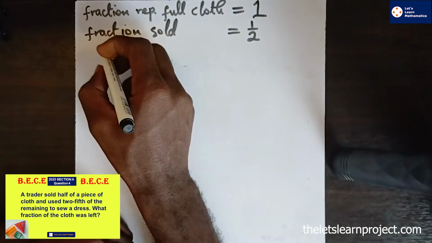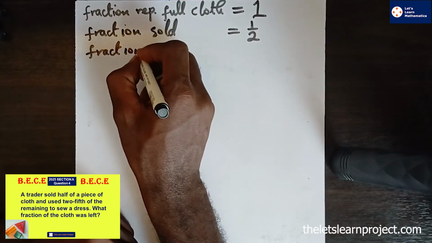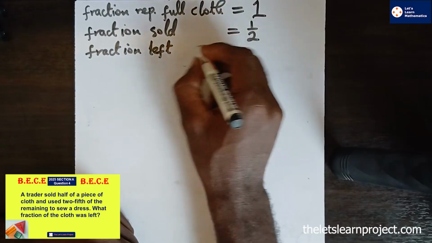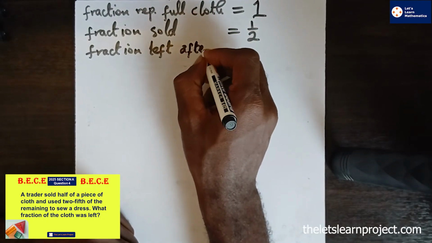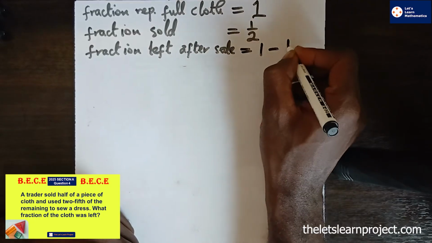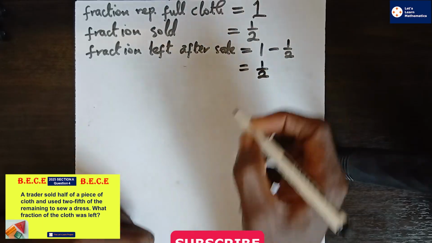So consider the fraction left after the sale. The fraction left after sale, that is 1 minus half, and 1 minus half is half.